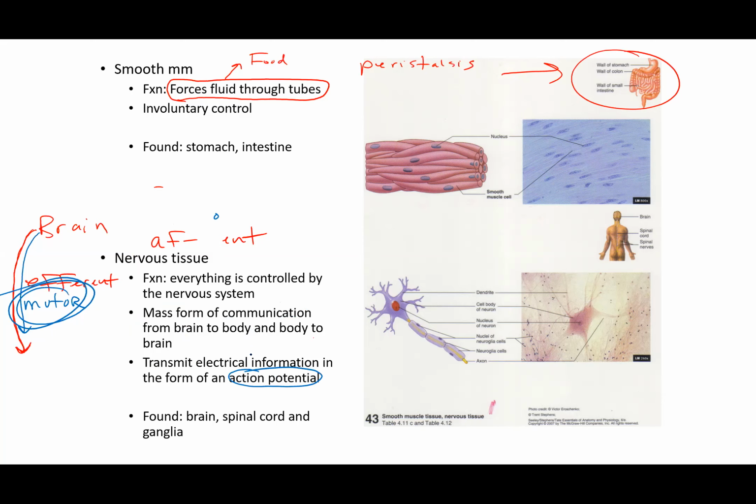Okay, this is what it looks like under a microscope. You've got the dendrites. So dendrites bring electrical information into the cell body. Okay, so electricity travels down the dendrites into the cell body.